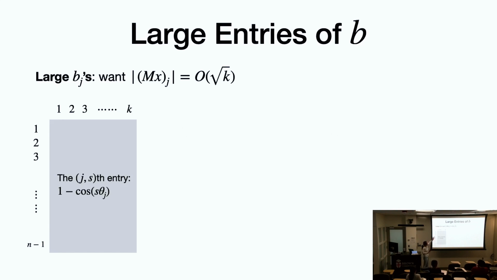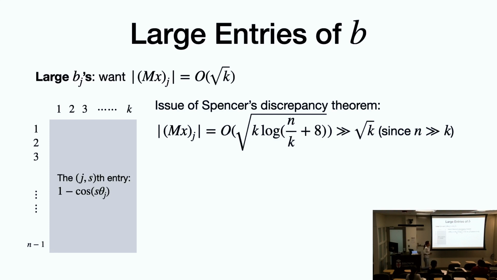Again, for the large entries b_j, we want the absolute value of the jth entry of Mx to be upper bounded by some constant times root k. Well, we can't directly apply Spencer's theorem here, because now our n could be much larger than k, and this log factor is no longer a constant.